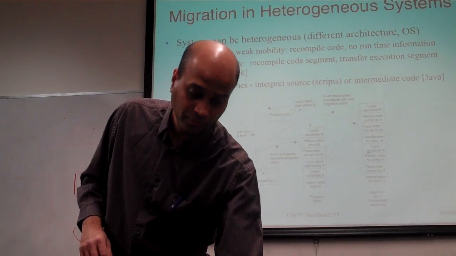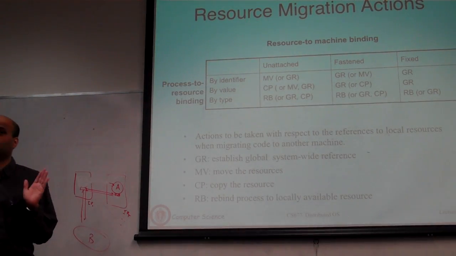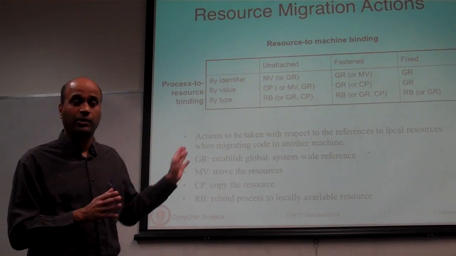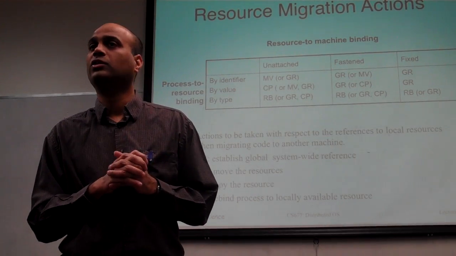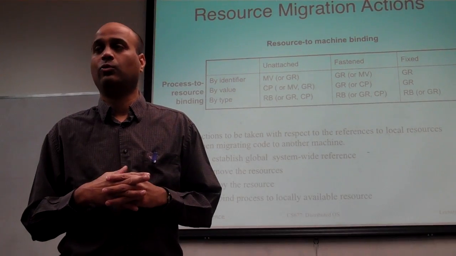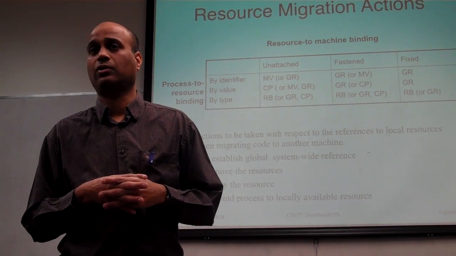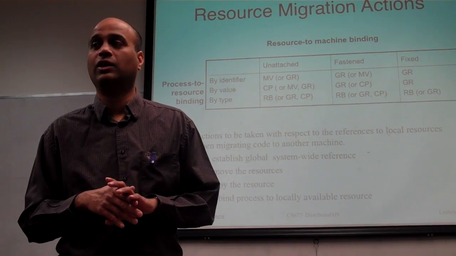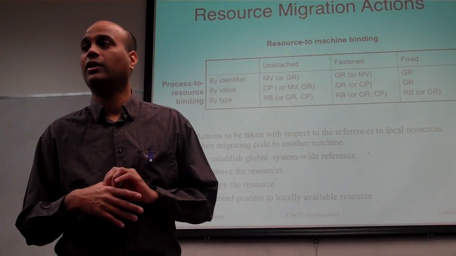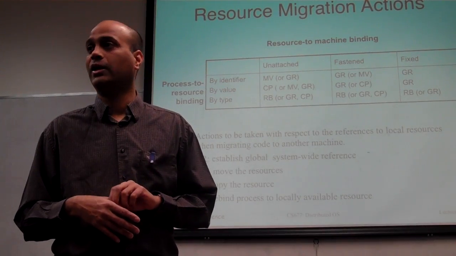Those are some issues you have to worry about when you do process migration: how to deal with resources. There are many choices, and depending on the binding and the cost, you have to pick one. Network sockets tend to be the hardest to keep transparent. The other choice, of course, is to say, I will not deal with network sockets. If you have a process with open sockets, do not migrate it.